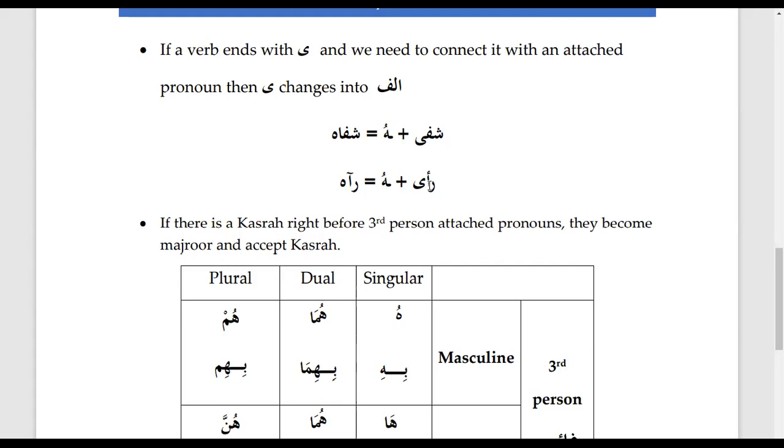Standing fatha or mad. So it will be ra'ahu, he saw him. And in Surah An-Najm, verse number 13, وَلَقَدْ رَآهُ نَزْلَةً أُخْرَى. And he certainly saw him in another descent. So it changes into mad or standing fatha.